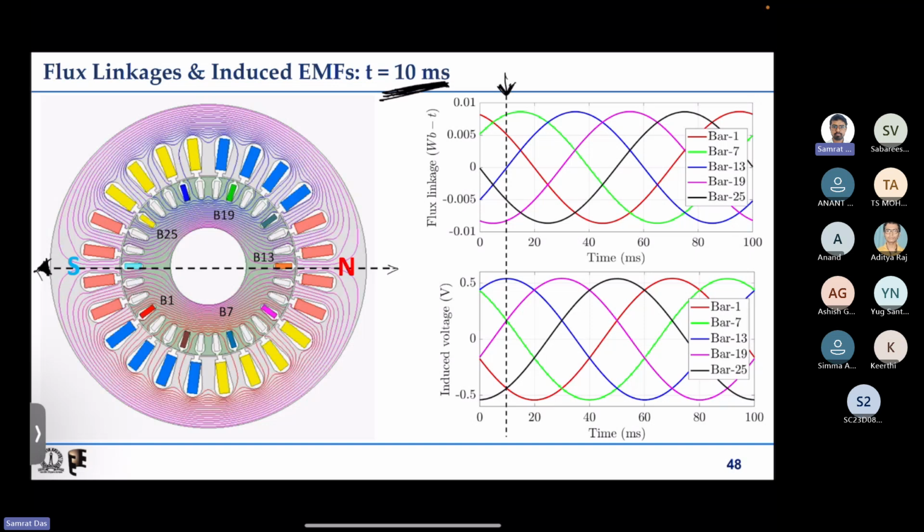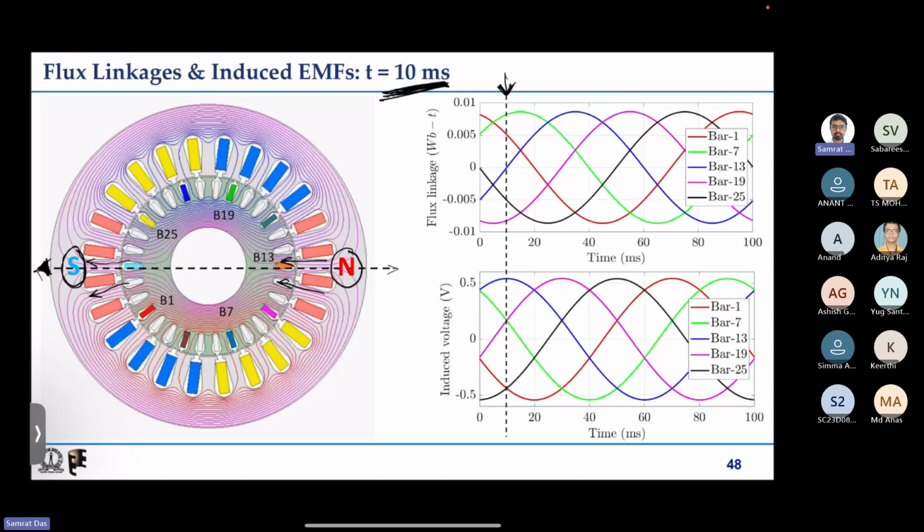So this is nothing but the direction of flux lines. The direction of flux lines are like this. From stator it is coming out, so this side will be north, and on this side flux lines are coming into the stator, so that is why we have south here.